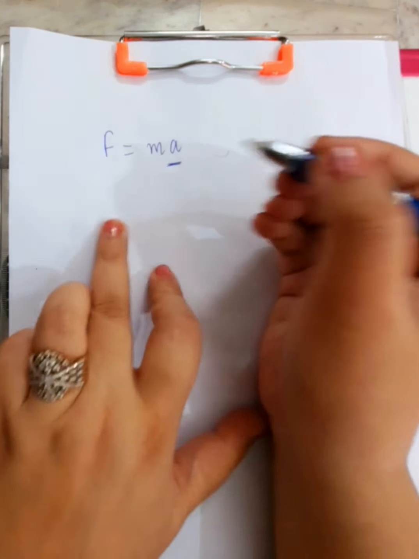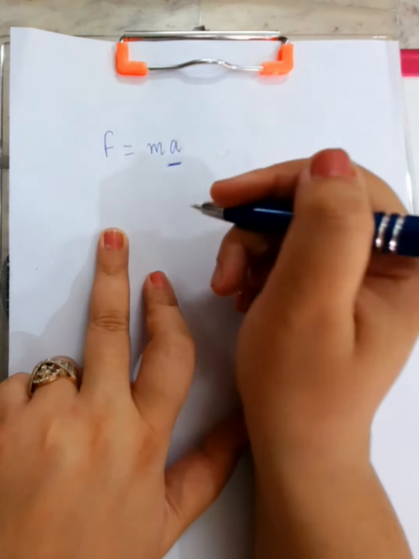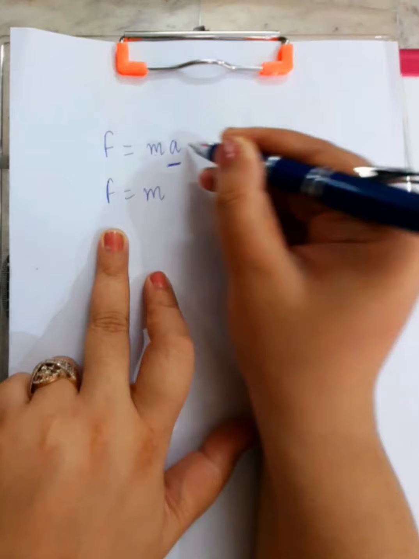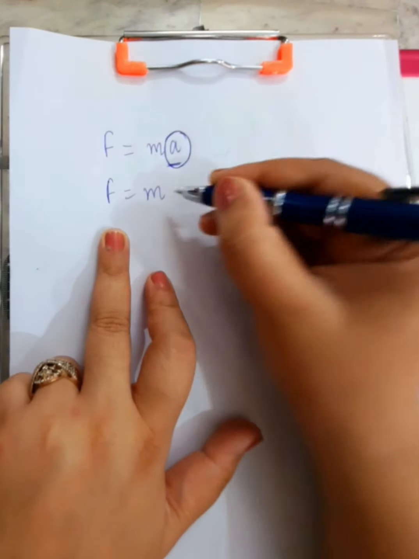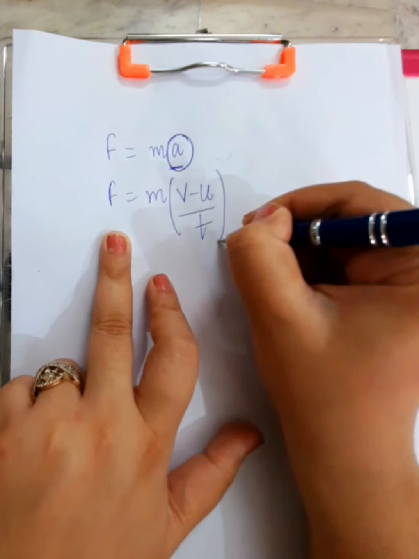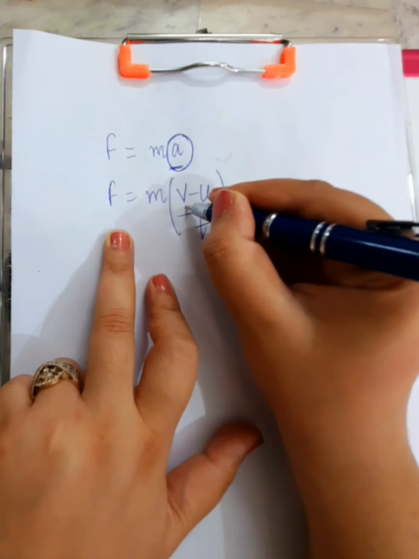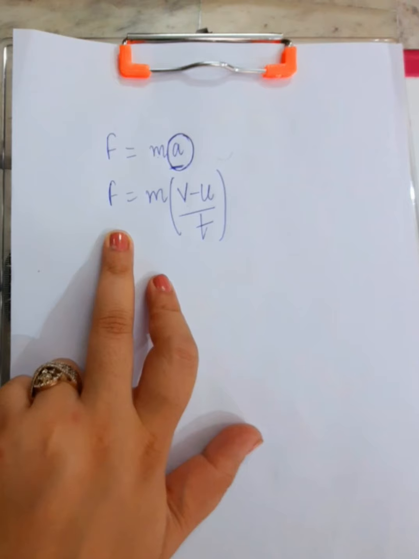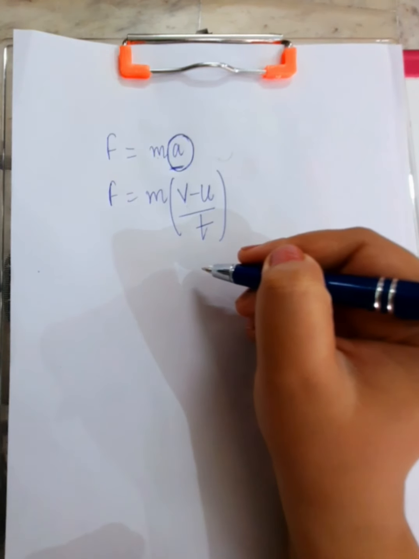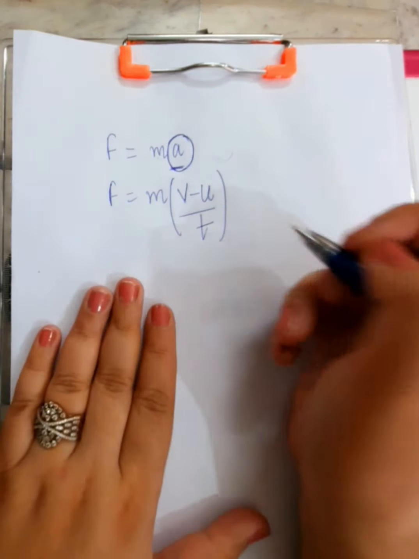So F remains as it is, m remains as it is. In place of a, I can write (v minus u) by t, where v stands for final velocity, u stands for initial velocity, and t stands for the time in which the change has been brought. So this is Newton's second law.